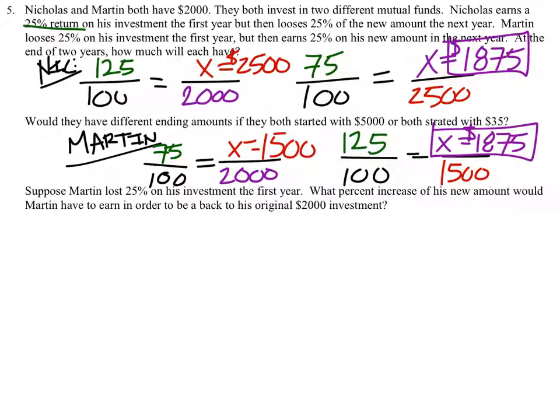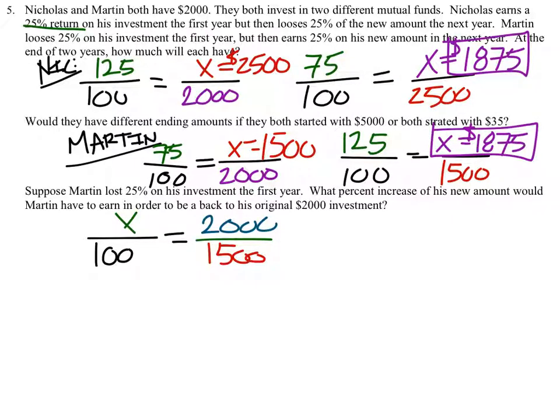Suppose Martin lost 25% on his investment the first year. What does his percent increase have to be the next year in order to get his $2,000 back? All right, so we got 100%. We don't know the new percent, but we do know that after the first year, he had only $1,500. And we want to know what percent he needs to get back to the $2,000.